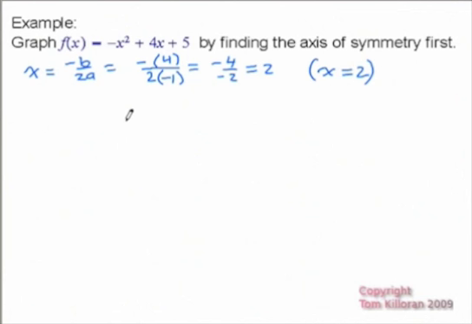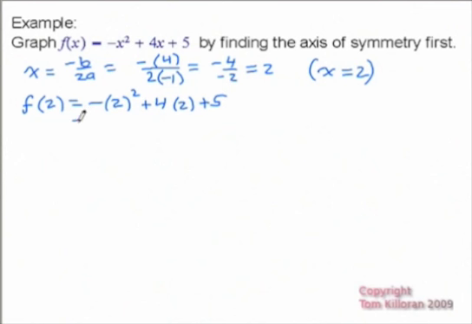Alright, from this, since we know what x is equal to, we might want to know what coordinate lies on this function when x is equal to 2. So all we're going to have to do is plug it in. So we're going to find f evaluated at 2, which will be negative 2 squared plus 4 times 2 plus 5.